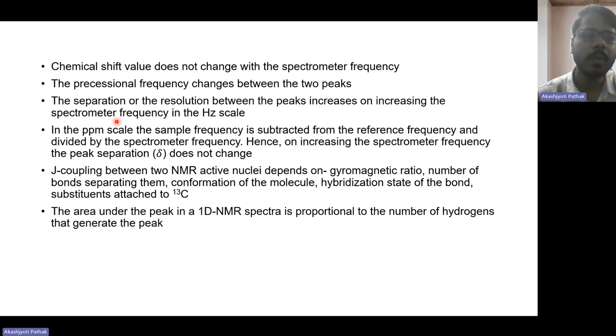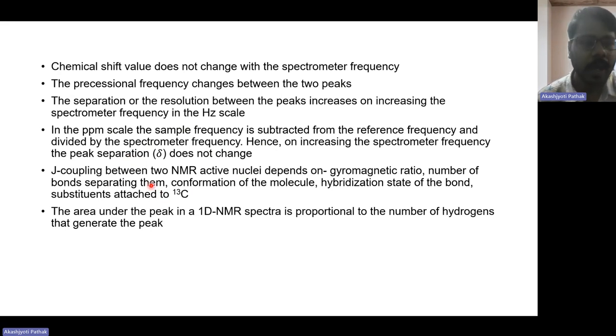But in the ppm scale, we will obtain the same ppm value whether you record it on different spectrometers. The sample frequency is subtracted from the reference frequency and divided by the spectrometer frequency. Hence, on increasing the spectrometer's frequency, the peak separation does not change.